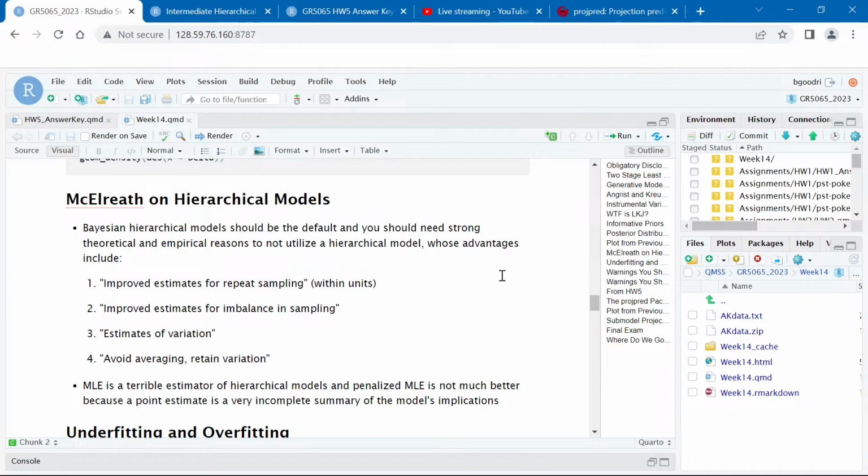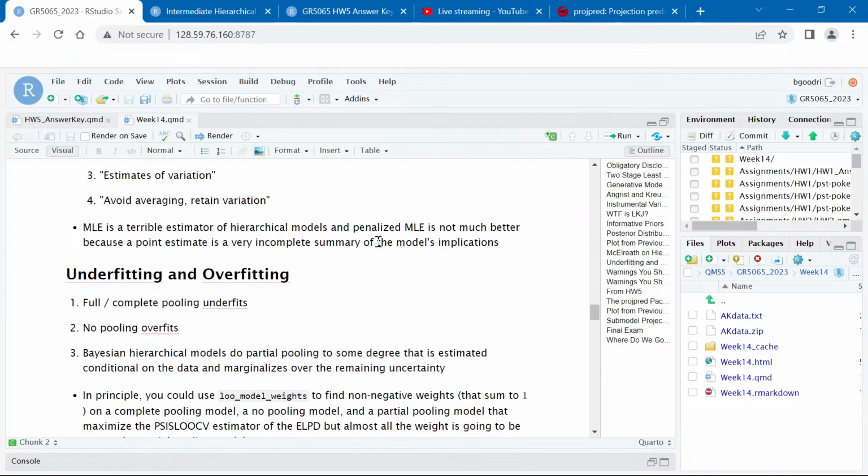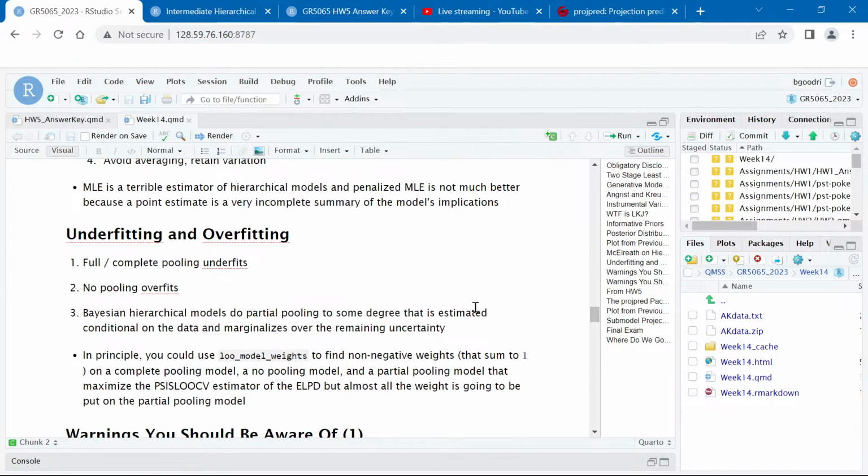All of science, really, these Bayesian hierarchical models should be the default for these reasons. And if we'd gone any slower this semester, we wouldn't be here in the last class, being able to discuss these things. It's a consequence of really only having one semester to get at these things, but that's just what we were dealt. And then Montgomery goes on to talk about the underfitting and the overfitting phenomenon.